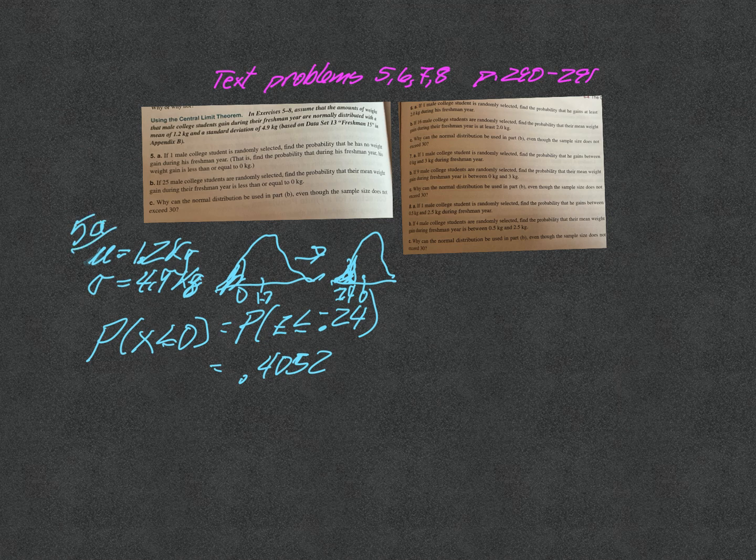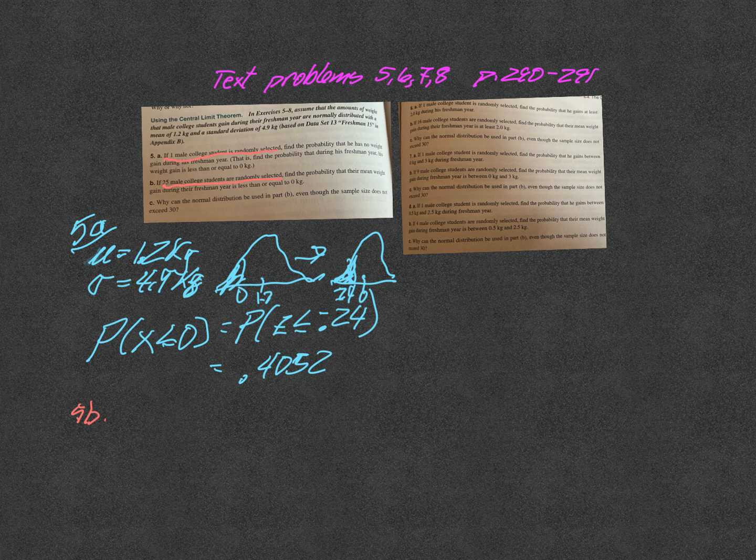So now let's go to problem 5B, and let's see what's different. Problem 5B says, if 25 male college students are randomly selected, find the probability that their mean weight gain during their freshman year is less than or equal to 0 kilograms. The difference is that we're selecting a sample, whereas here we selected one male.